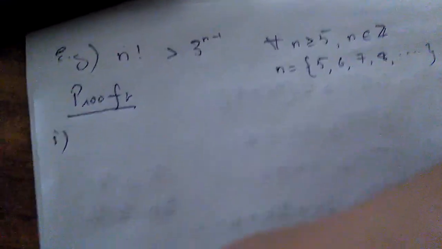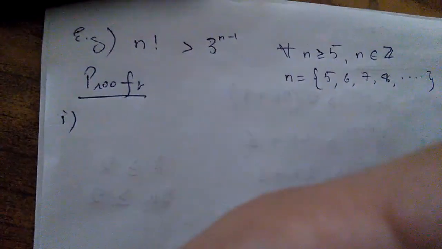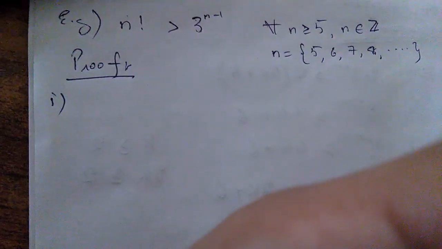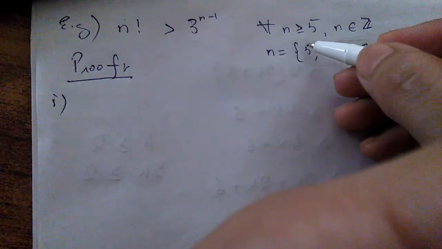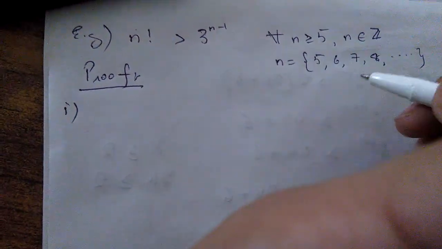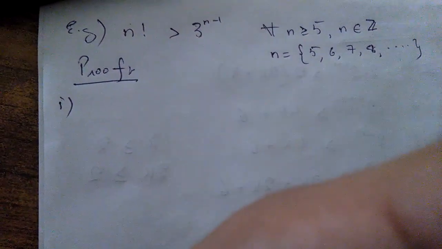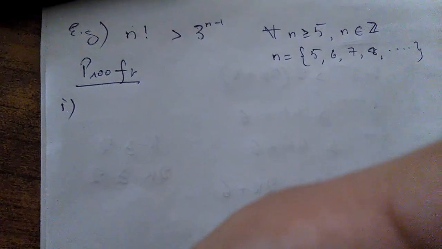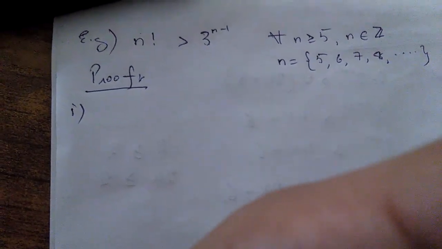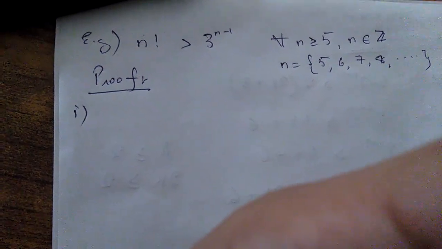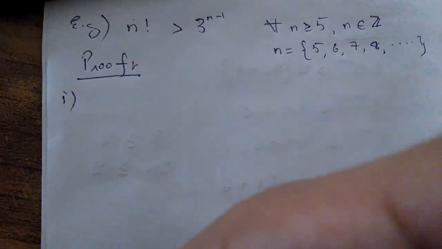How are we going to do it? I repeat, we are going to apply 3 major steps. One is the basic step, which starts from the very first value of the set of n. After that you perform the hypothesis step, and then on the basis of that hypothesis you perform the third step, which is the final hit on the nail.